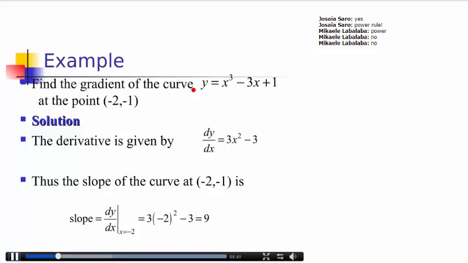Anyone? If, for example, this equation is given to you, what will you do to this equation in order to find the gradient of the curve? In terms of calculus, what will you do?